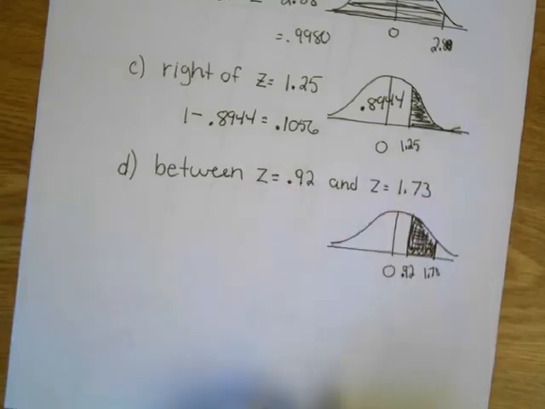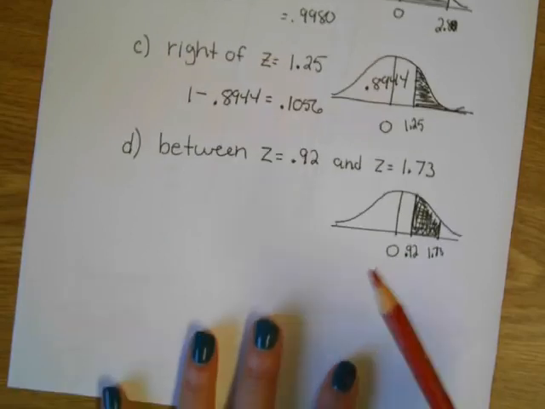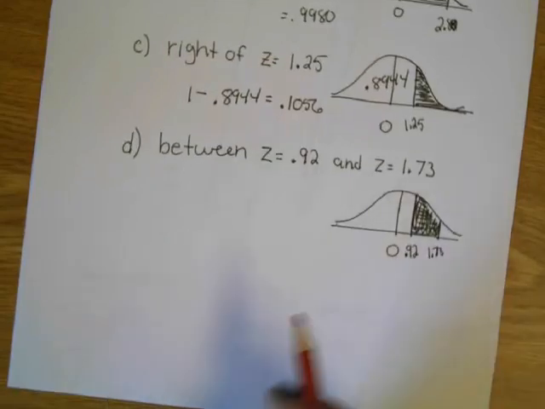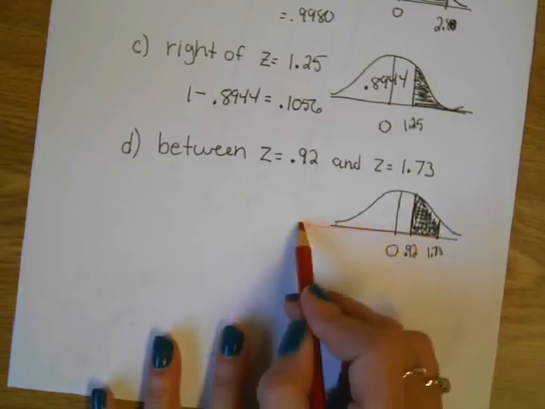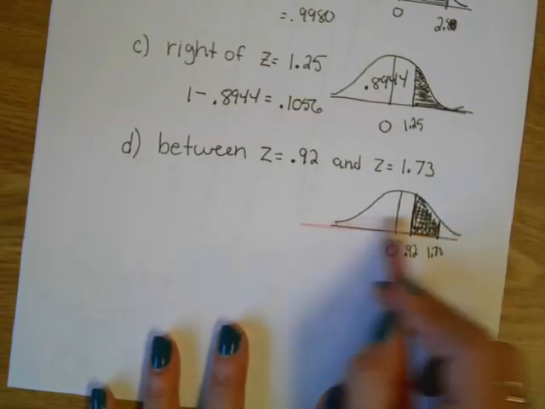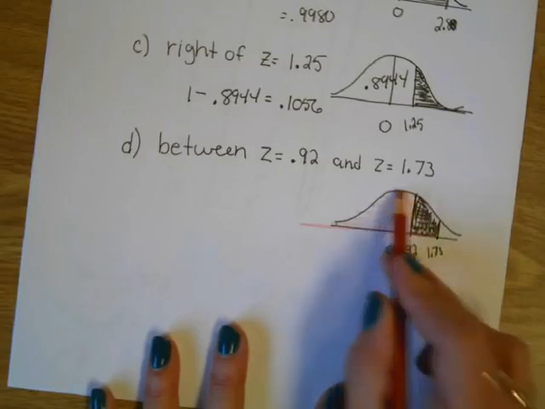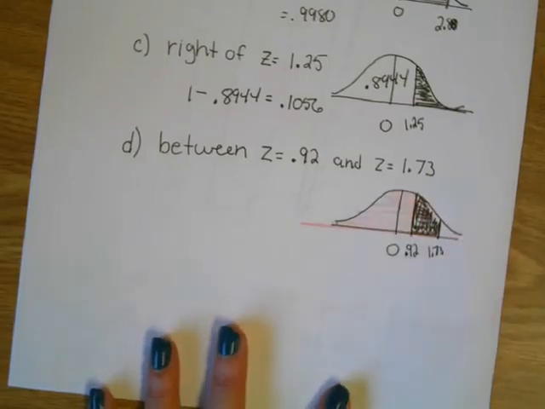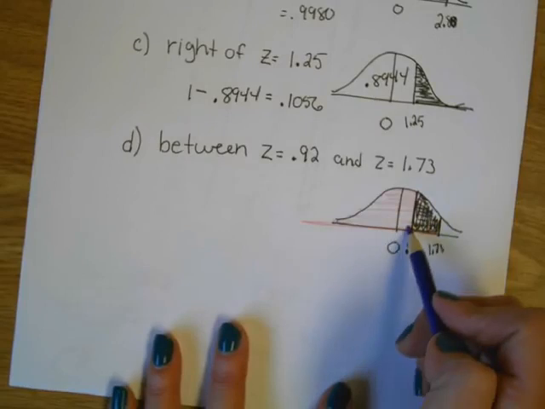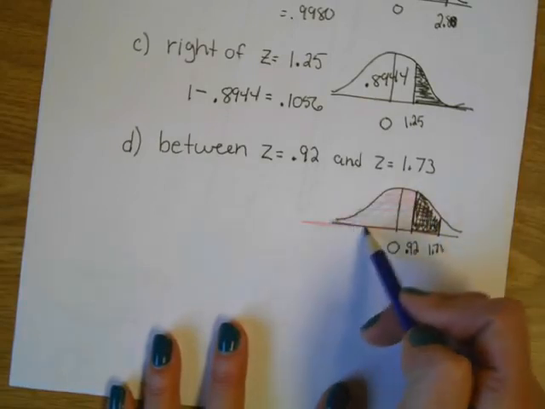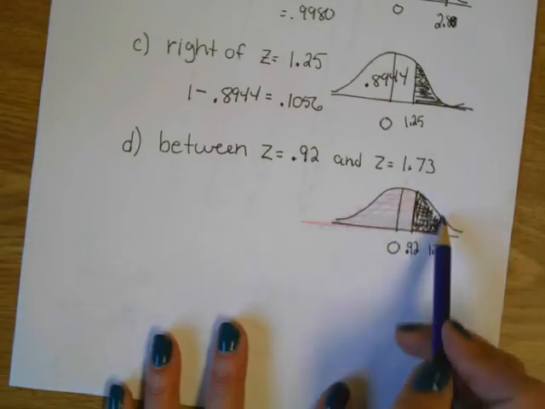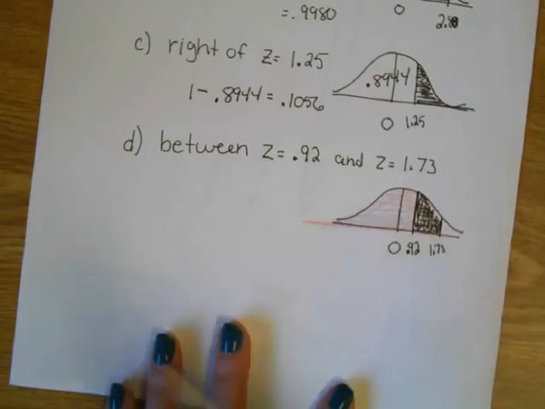Okay, so when we look up 1.73, I want to shade what it's going to give you. When you look up 1.73, it's going to give you the total area behind it. All of that. When you look up 0.92, it's going to give you the area behind that. So Alex, what do we got to do with those two numbers? Just subtract them and it'll leave you with the chunk right here.